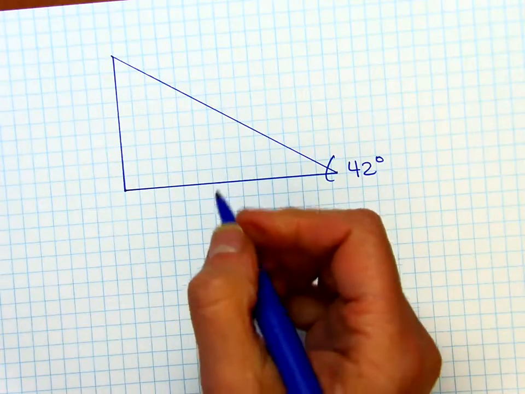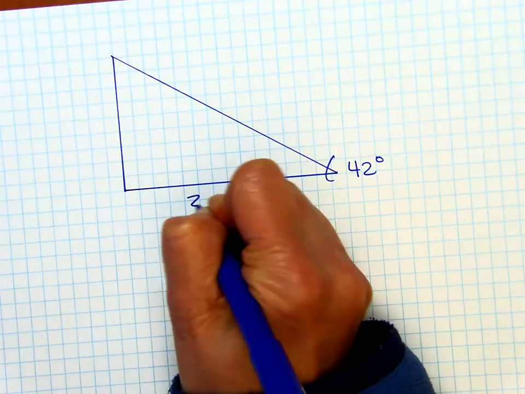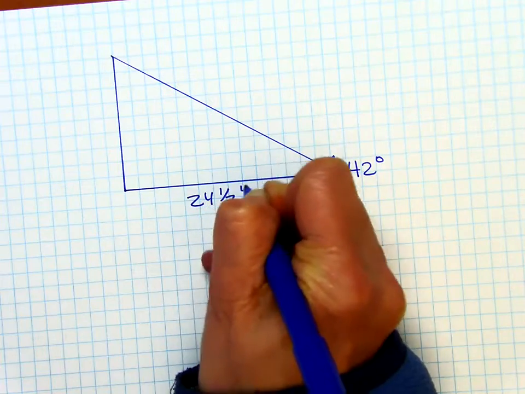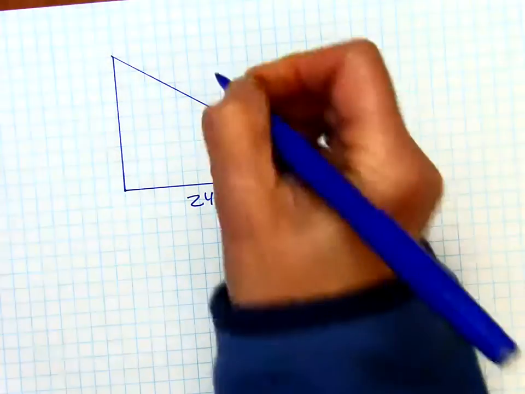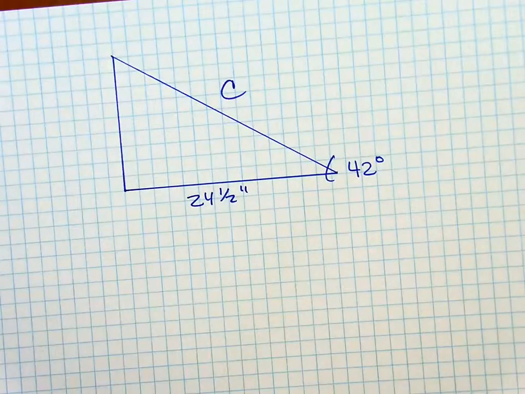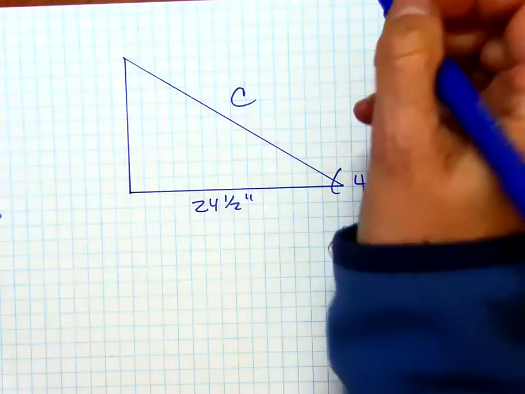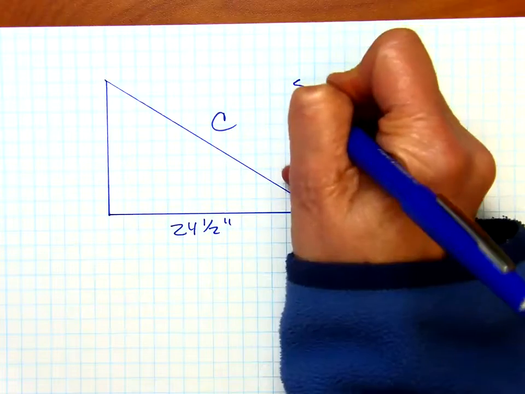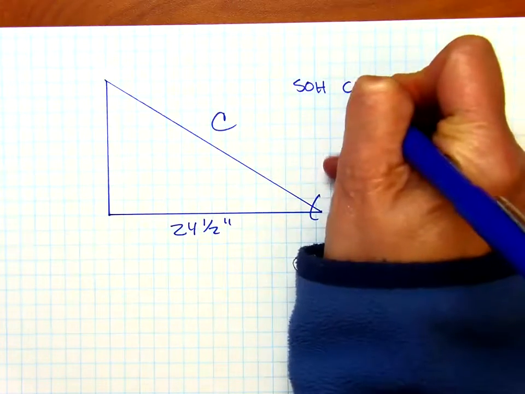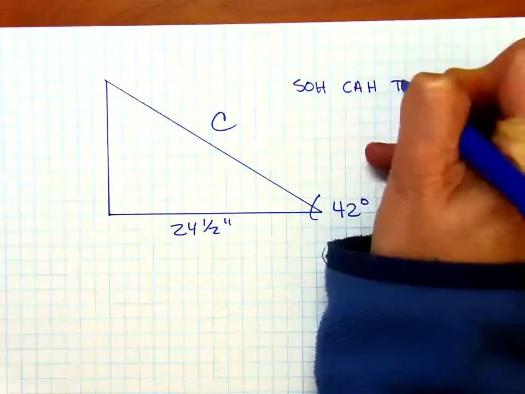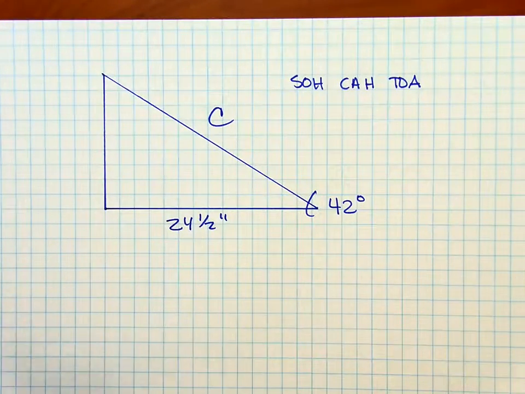How about we have 24.5 inches, and I want to figure out this side, letter C, side C. Okay, so again, I'm going to write Sohcahtoa. And then it's important to label those sides.